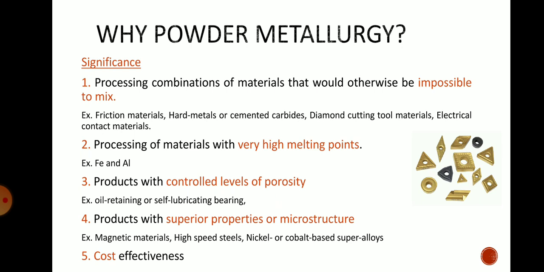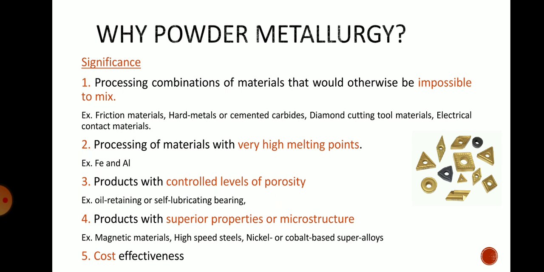This can be controlled by powder metallurgy. For example, magnetic materials, high speed steels, and nickel or cobalt based superalloys can be processed by powder metallurgy, and we can get superior properties through the microstructure. This is also a good significance.